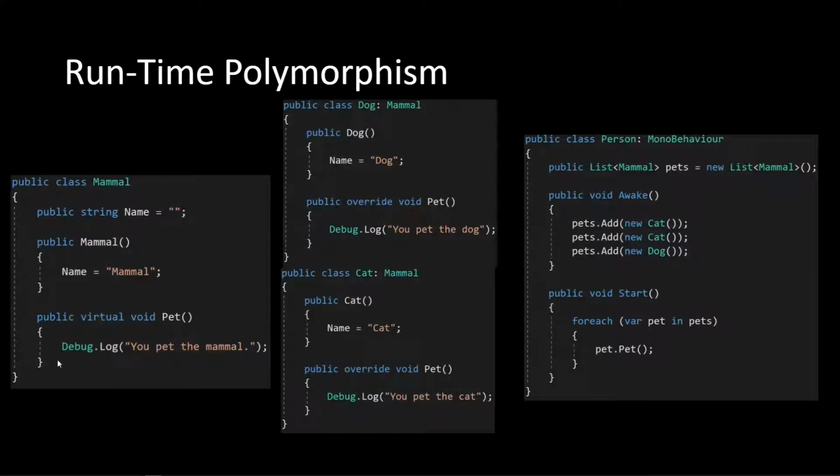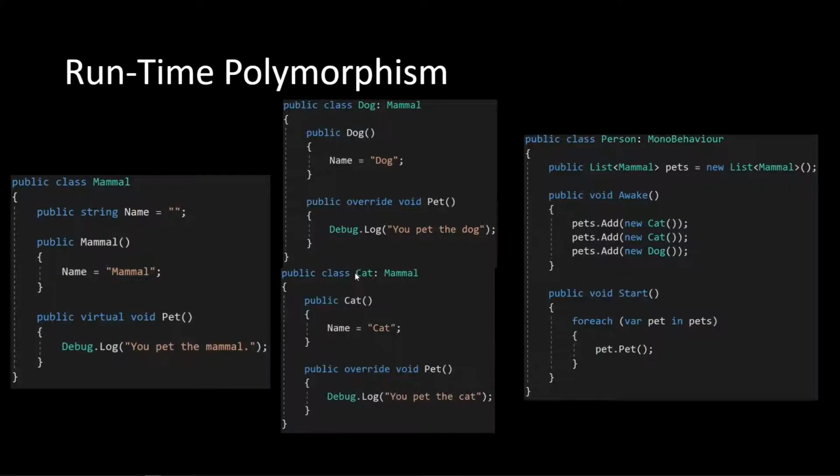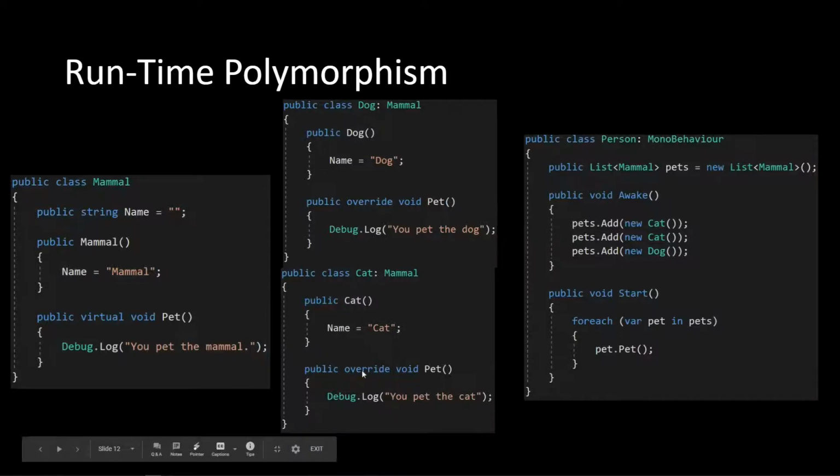When you pet the mammal, it just prints out you pet the mammal. Okay, so this is the base class. And then we have the dog version, which inherits from that. We have the cat version, which inherits from that. And all they do is overwrite the name and override this method, right? They don't do much of anything, but they do that.